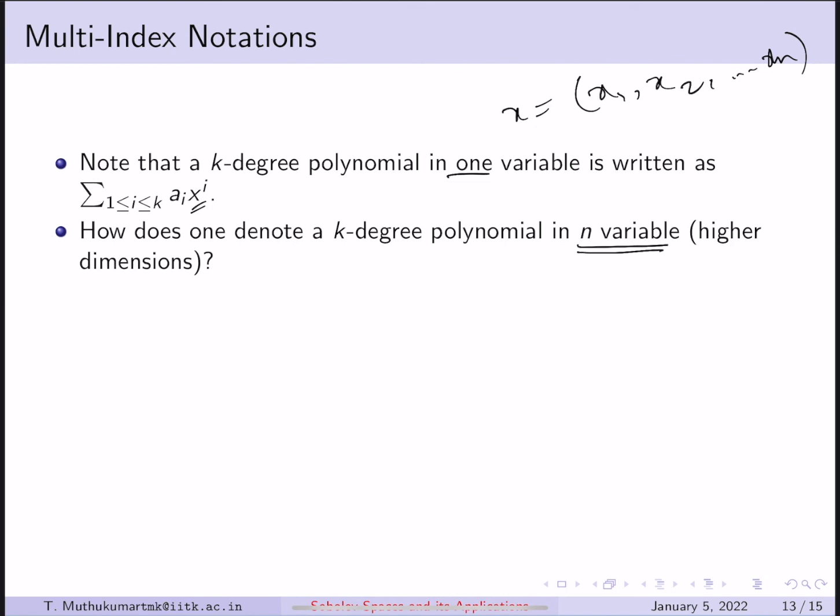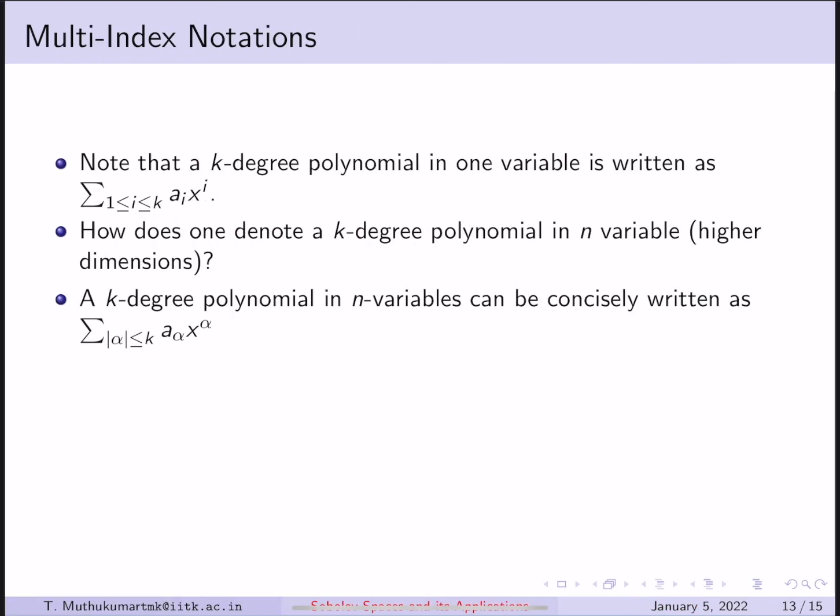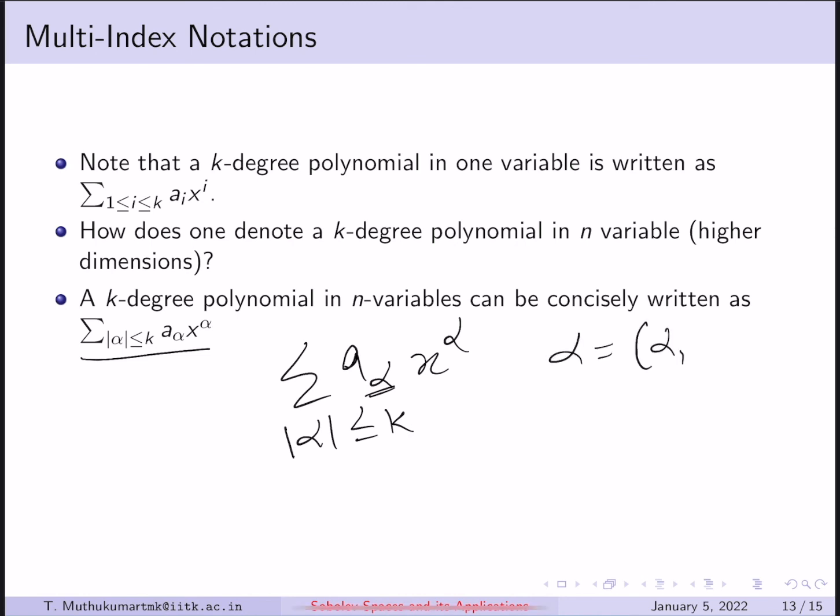So the simple way to do that, if you have not seen it, is using the multi-index notation. Here it's the summation of a_alpha x^alpha, over mod alpha less than or equal to k. So basically a_alpha are just the coefficients, indexed by alpha, but the point here is alpha is an n-tuple. The x^alpha is the power, so x itself, as I said, is an n-tuple.